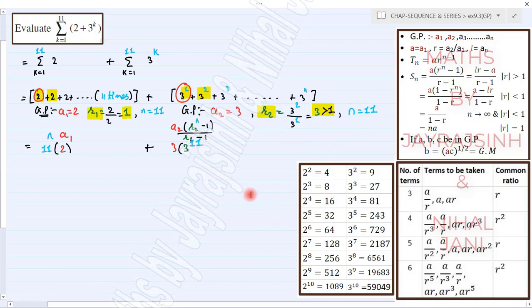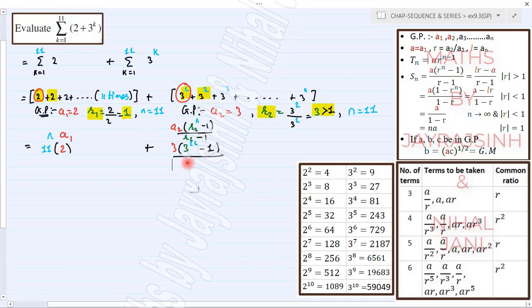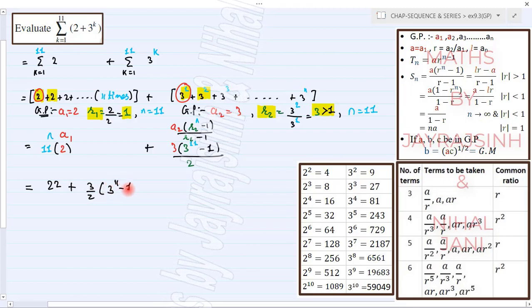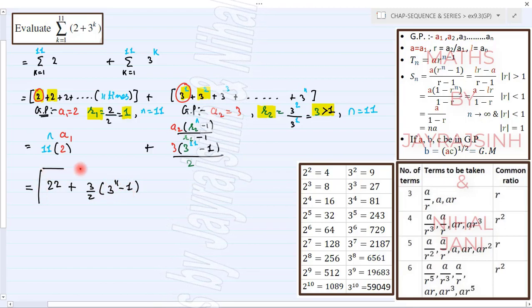So, you'll get 3 into (3 raised to 11 minus 1) upon (3 minus 1), or we can say 2. So, finally, we will get 22 plus 3 by 2 into (3 raised to 11 minus 1) as your final answer.